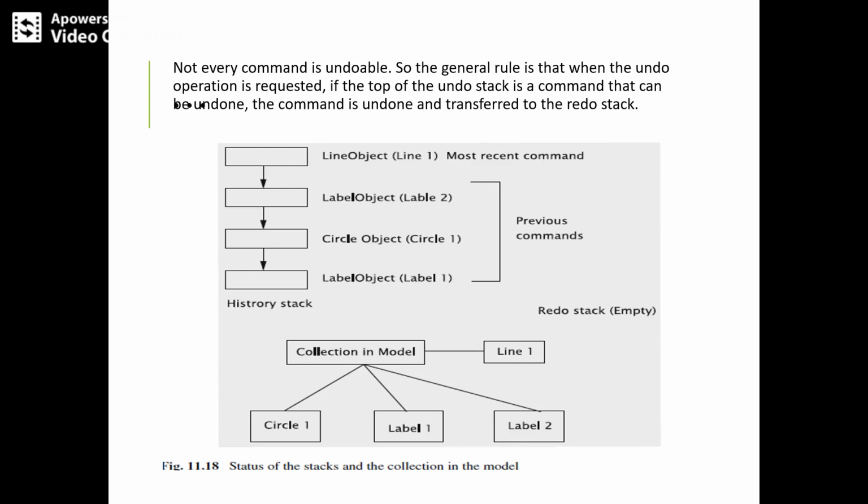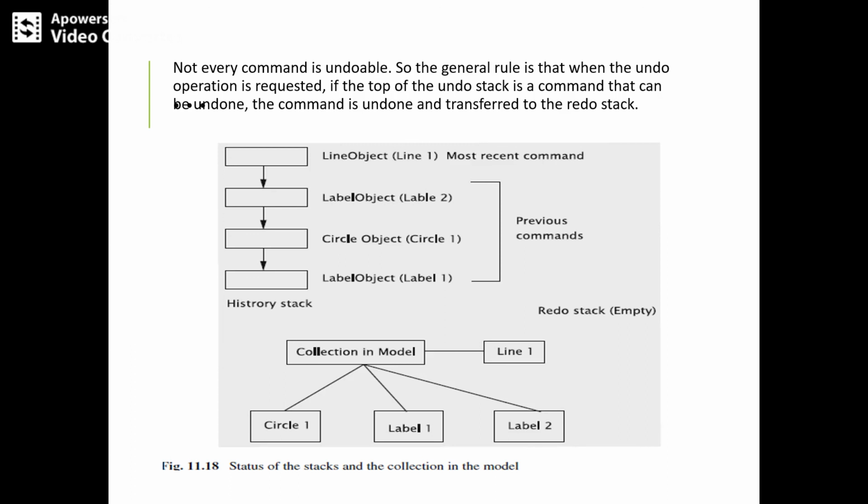In this diagram, the redo stack is empty since no command has been undone. There is nothing to redo. The picture also shows the collection of objects in the model storing the line object, label object, and circle object, with the history stack, and the redo stack, which is always an empty collection in the model.